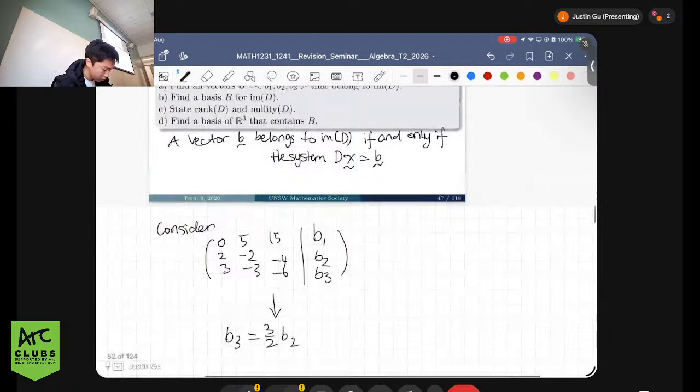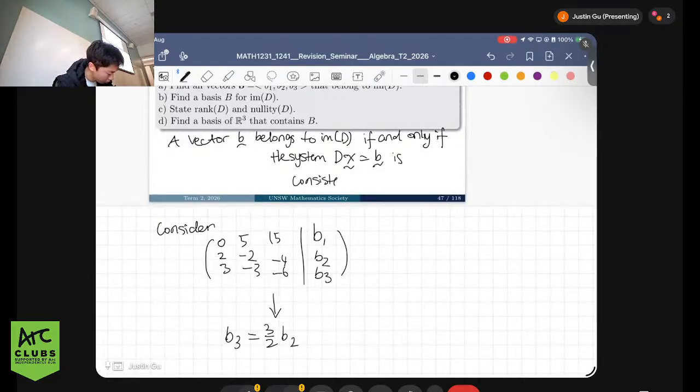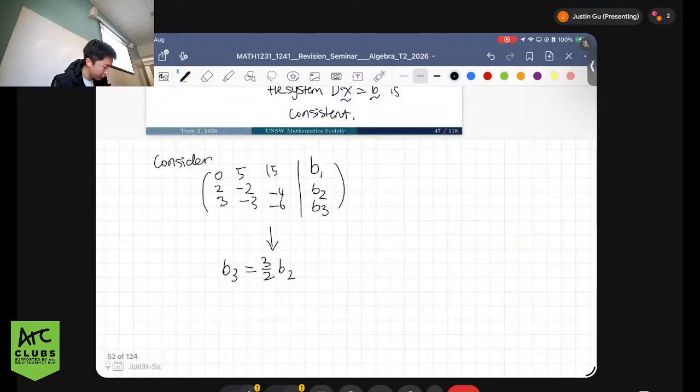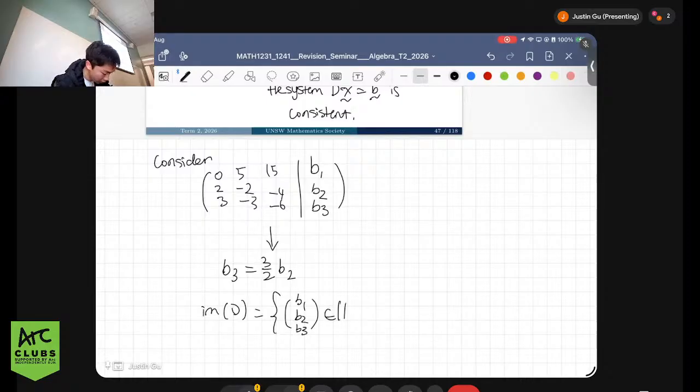Sorry, I need to write is consistent. If B3 equals 3 on 2 B2, then we do have a system that is consistent. This is our main condition here. So the image of D equals B1, B2, B3 such that 3B2 equals 2B3.